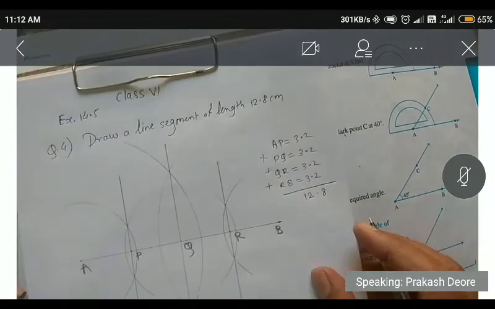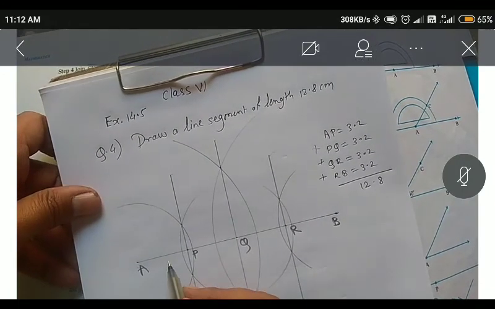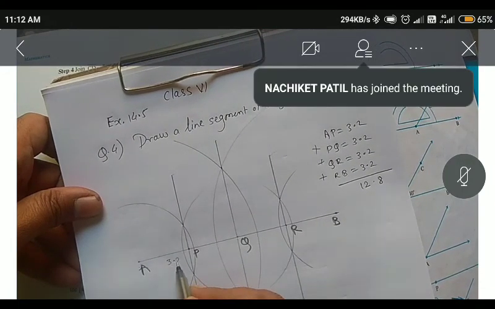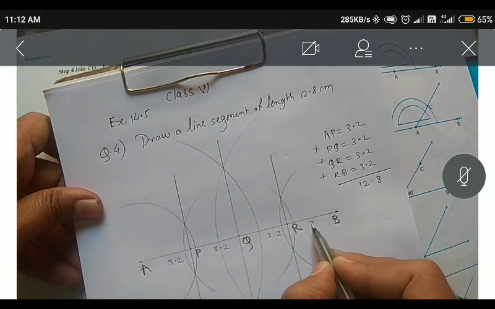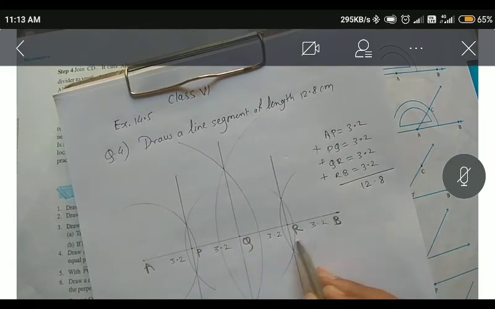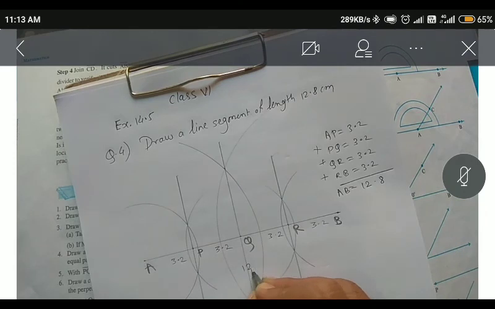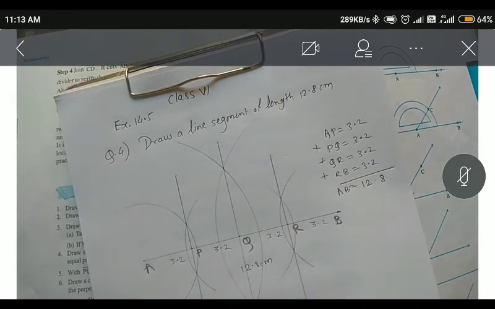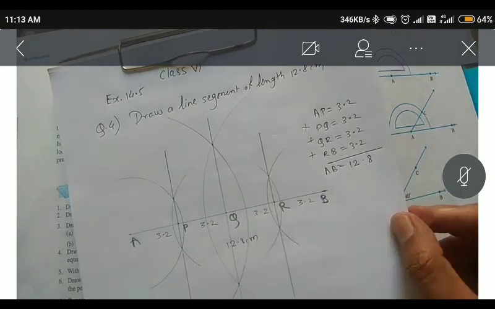So we will get exactly equal distance, means we get the exactly parts 3.2, 3.2, 3.2 and 3.2 when we add all this. So this whole length AB is equal to 12.8 centimeter. Clear? In this way we can do the four equal parts. Understood?